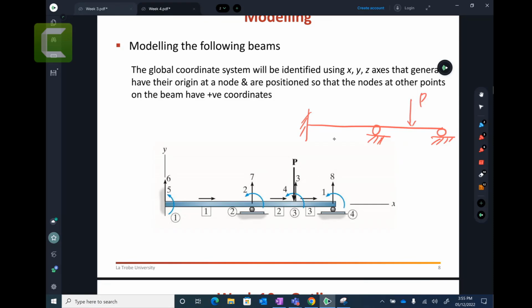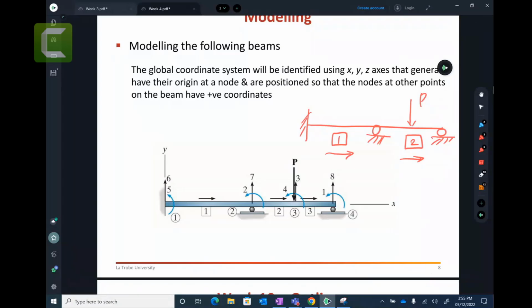Now, first things first, when you see the number in the square brackets, that is the element number. When you see this arrow, it is your location vector.